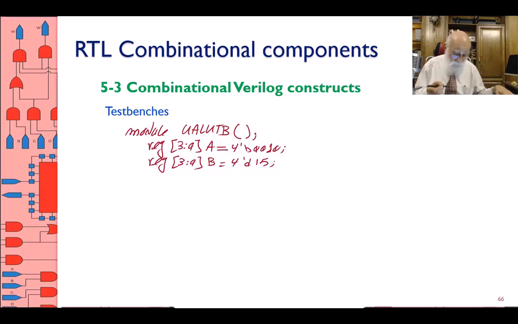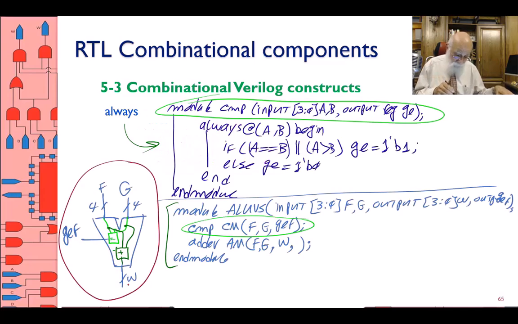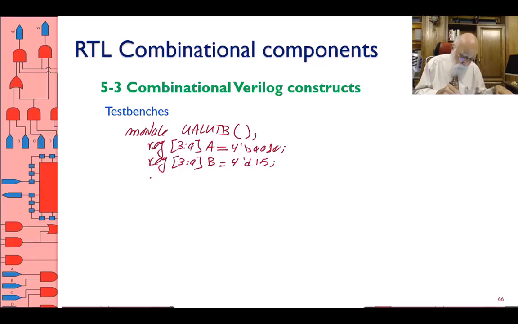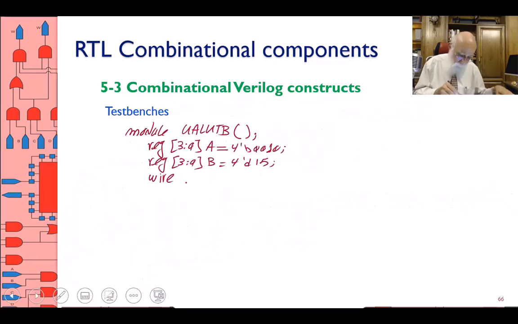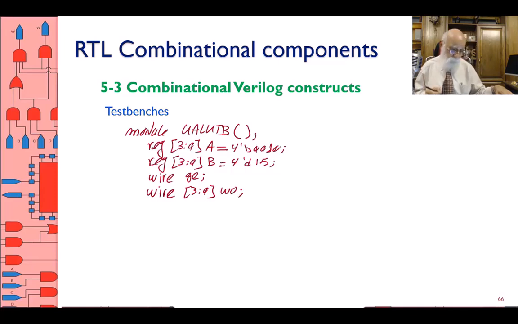I called it A and B. Fine. And then I have a wire, something I want to connect to the GEF. I call that GE, for example. Something I want to connect to the ALU output, 3:0 W output, let's say. And then I instantiate my component.